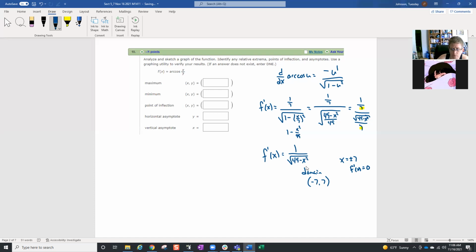What else? So this whole does not exist idea is there. Points of inflection too. Oh, okay, I got this. The first derivative is never 0 because the numerator is never 0.